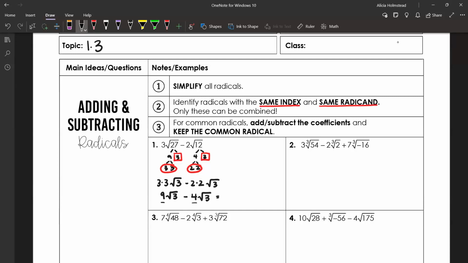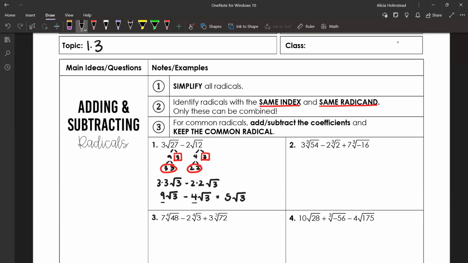And that's the reason the radical has to be the same, is because it will remain the same the whole time. So 9 minus 4 is 5. And then that radical remains the same, which is the square root of 3. So that expression can be simplified down to 5 square root of 3.